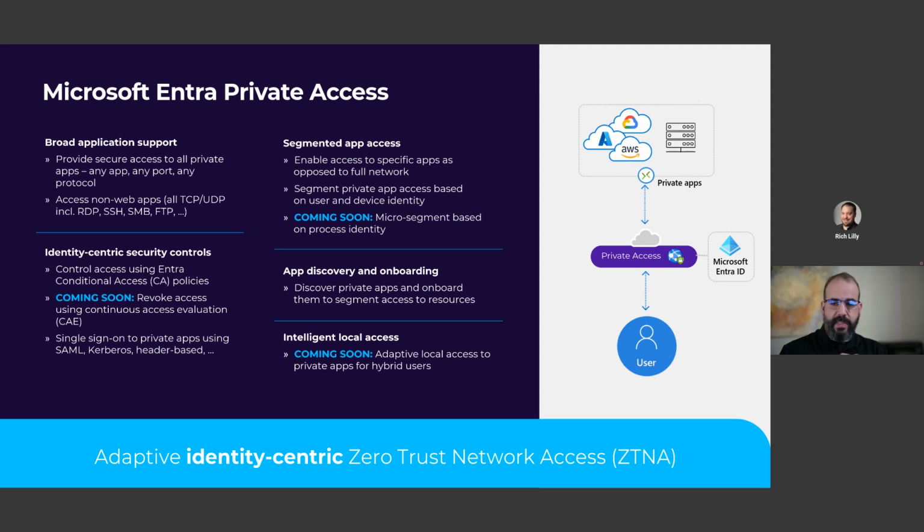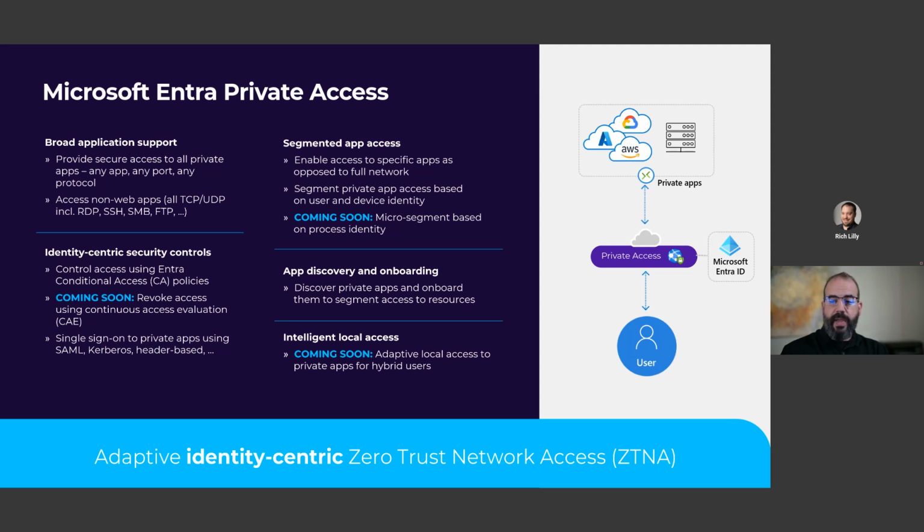Intelligent local access is one other feature here that is also good. We see now that with a lot of our users and the modern workplace and work from home, we need to have our employees have consistent security posture wherever they're at. If they're coming in remotely or accessing on-prem, we need consistent and intelligent access to our apps, regardless of where those apps are hosted.